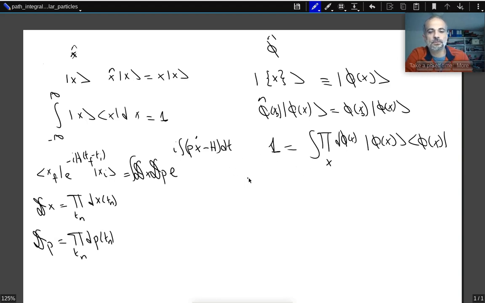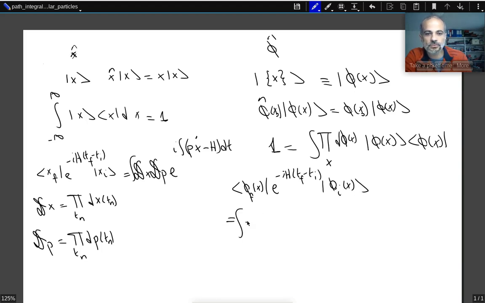Here the analogous expression will be, now we have the final field configuration, e to the power minus i over h-bar, tf minus ti, the initial field configuration.